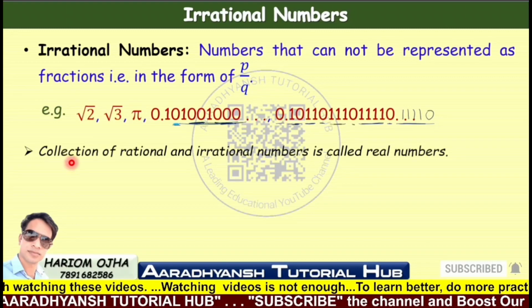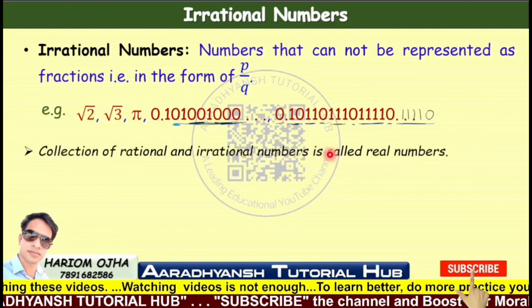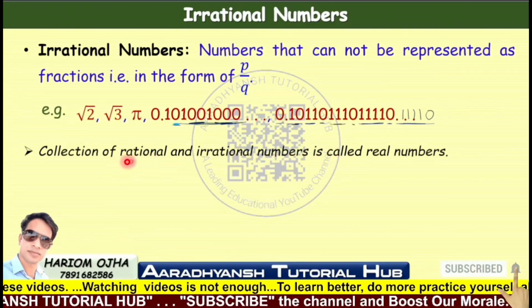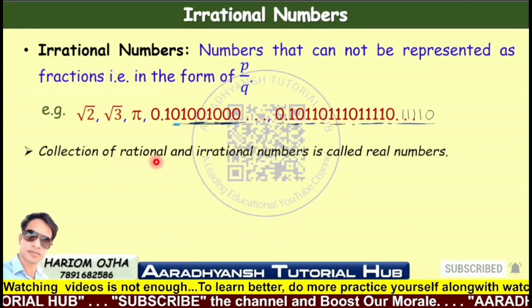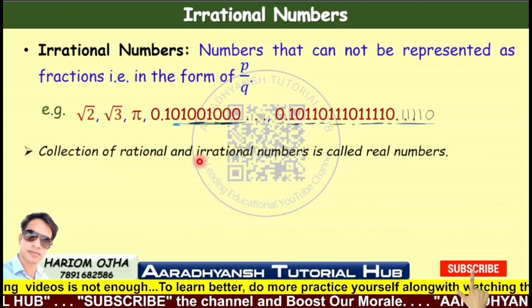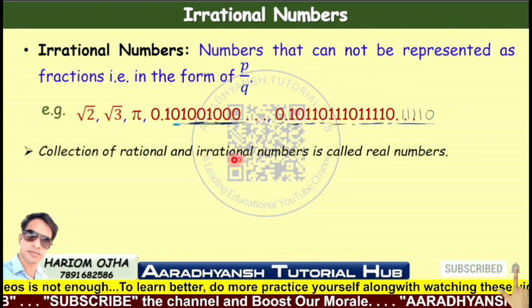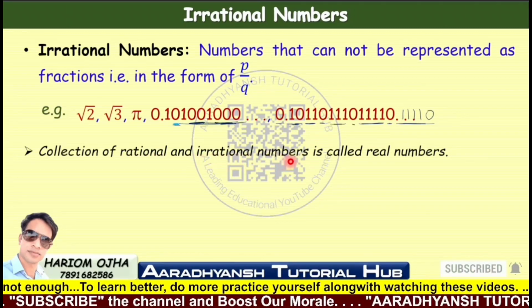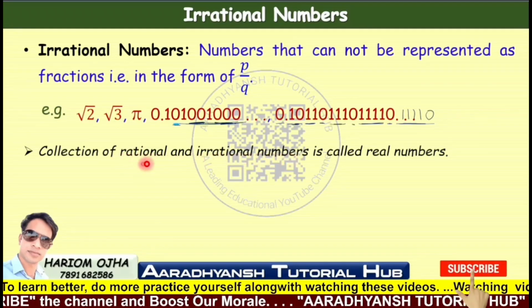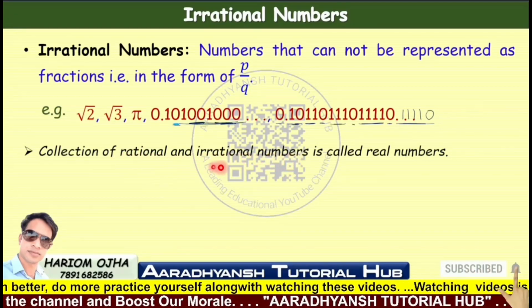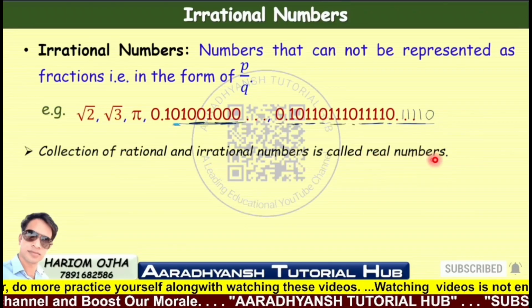Now, collection of rational and irrational numbers. You know what are rational numbers? That can be represented in form of P over Q. These are called rational numbers, and those that cannot be represented as P over Q are called irrational numbers. The collection of rational and irrational numbers is called real numbers.